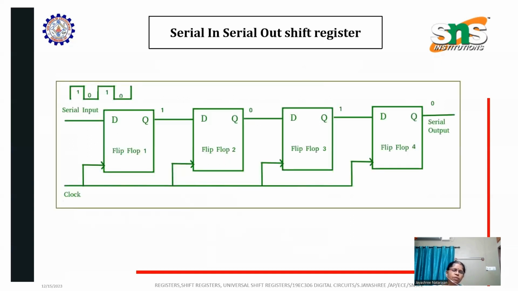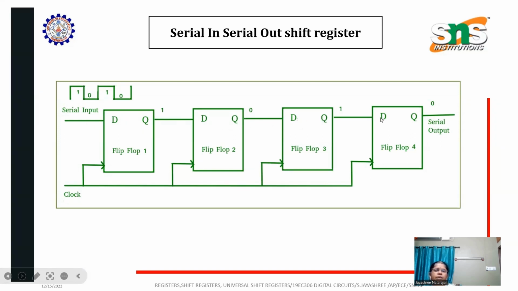First, look at this picture, serial in and serial out. In the first flip-flop, the data enters at terminal D. The output from Q is given as input to the second flip-flop, and so on down the chain.